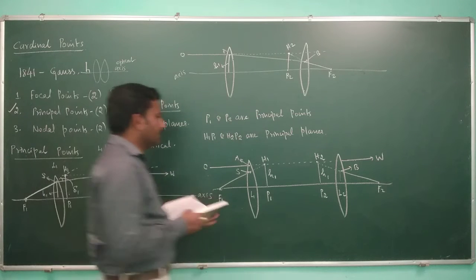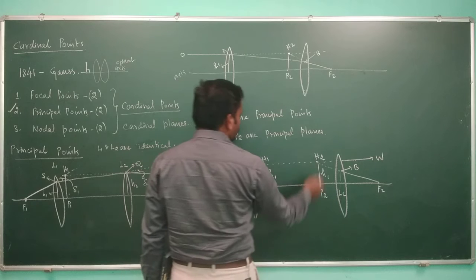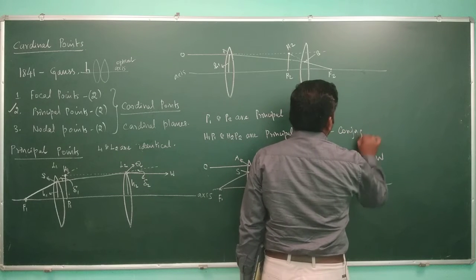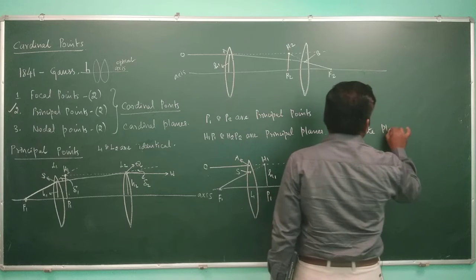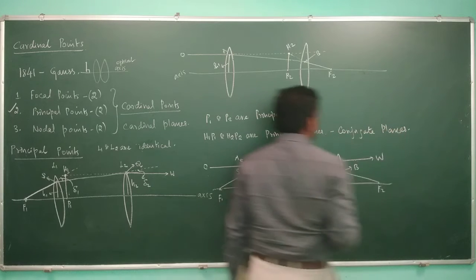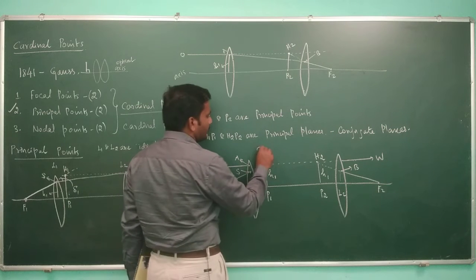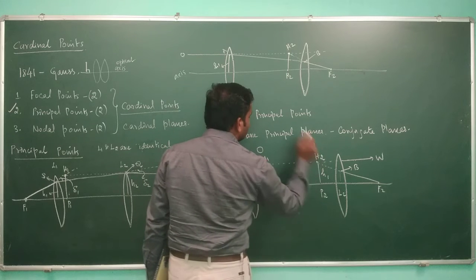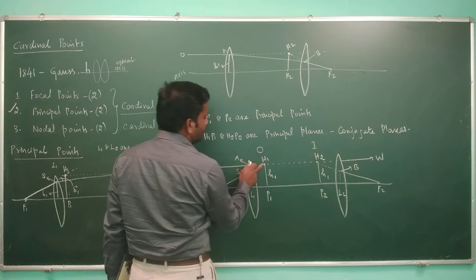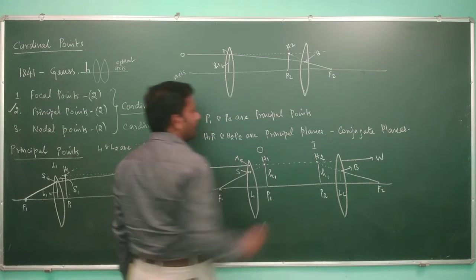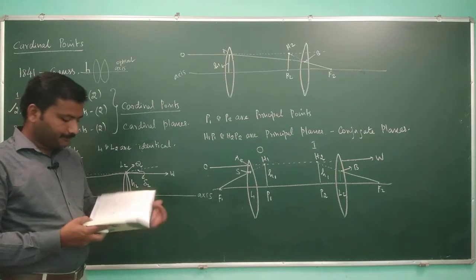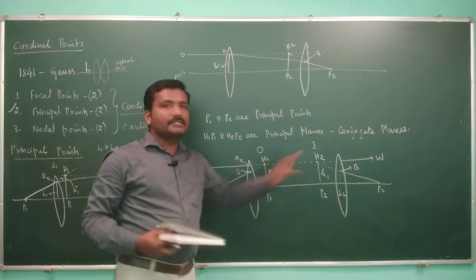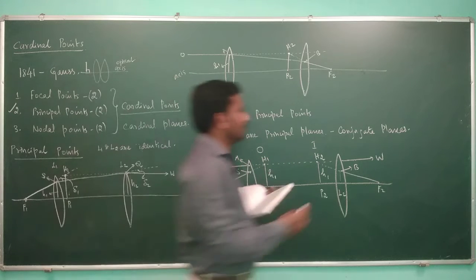Here these planes H1P1 and H2P2 are principal planes, which are called conjugate planes. Conjugate planes mean that if an object is located at H1, then its image will appear at H2. And the lateral magnification of this lens system is +1.